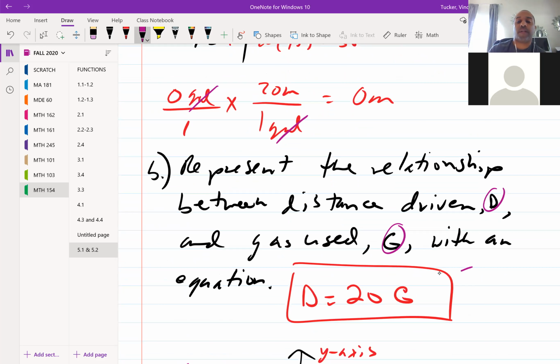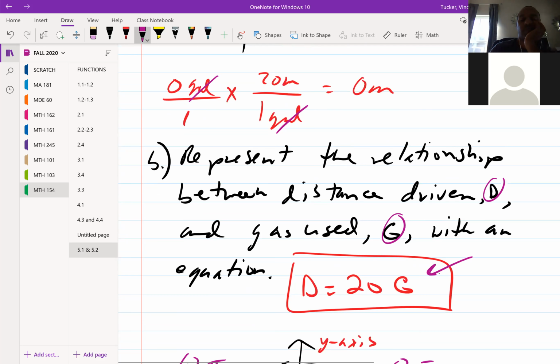And so that's what we did right here. That's the setup. Your distance is equal to 20 times the gallons. So D is equal to 20 times G. All right, questions?